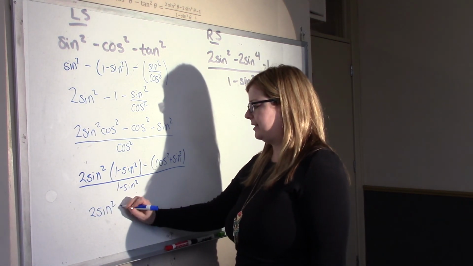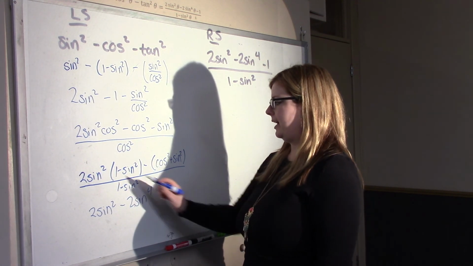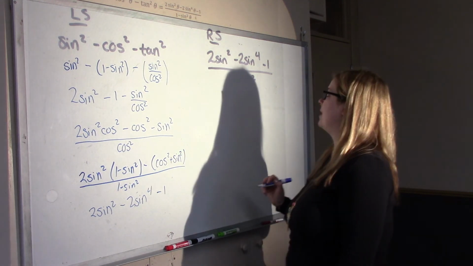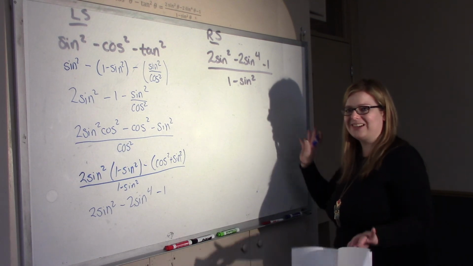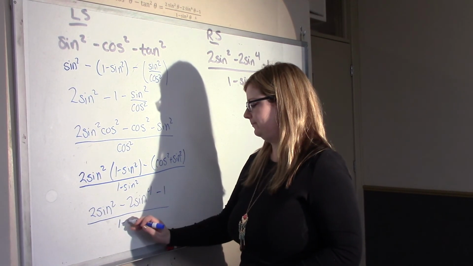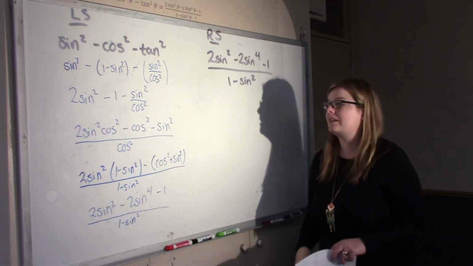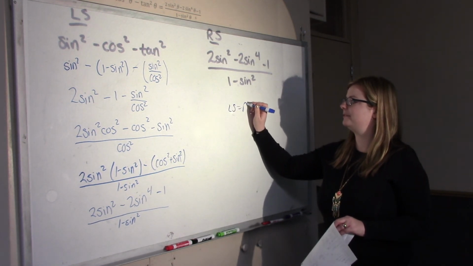And then minus 2 sine to the power 4, because squared times squared is to the power 4, and then minus 1, because that's just this Pythagorean identity. And I'm looking, I think I did it, woohoo! Because I just said 1 minus sine squared. And I feel amazing. So there you have it. I did left side equals right side.